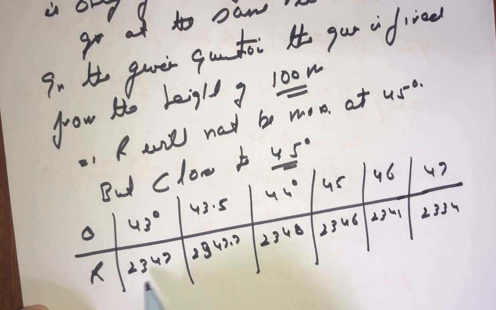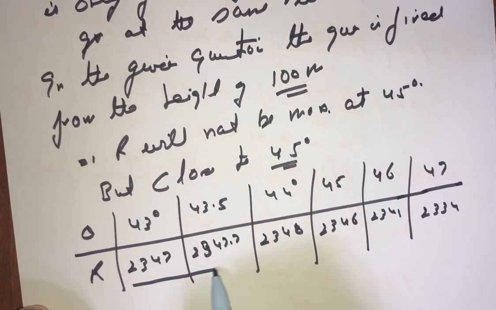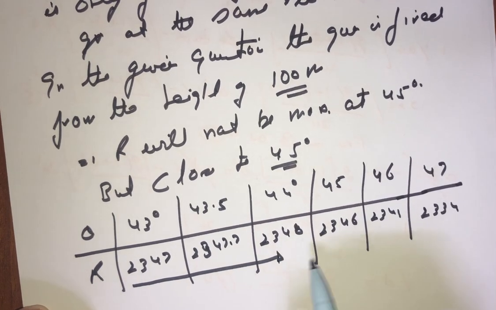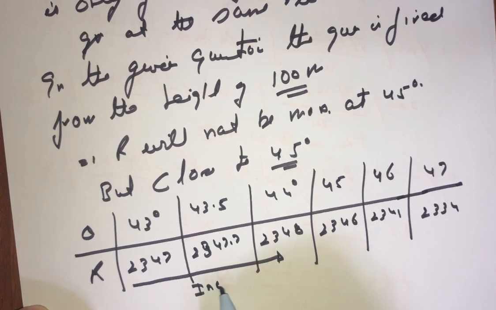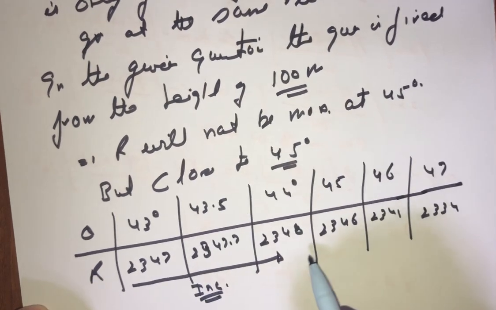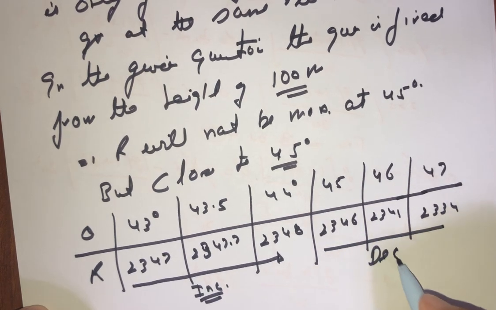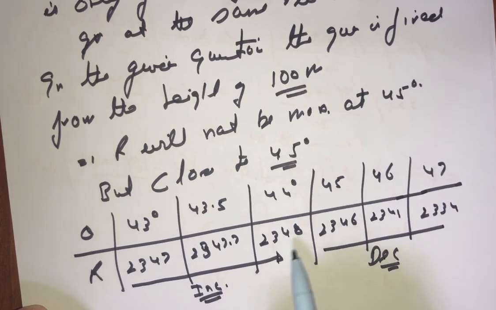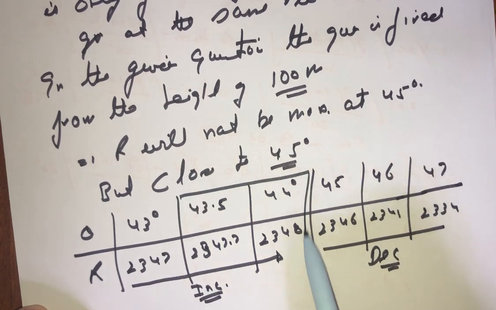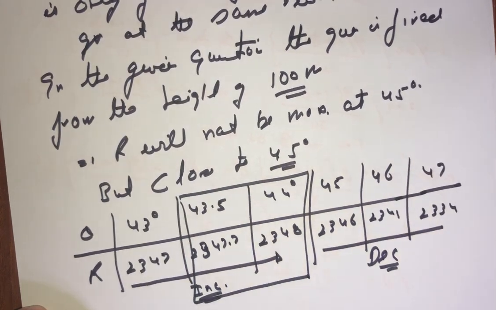So we can clearly say from here the range increases up to here, but after that it starts to decrease. So it means the maximum range will be somewhere in between these two values.